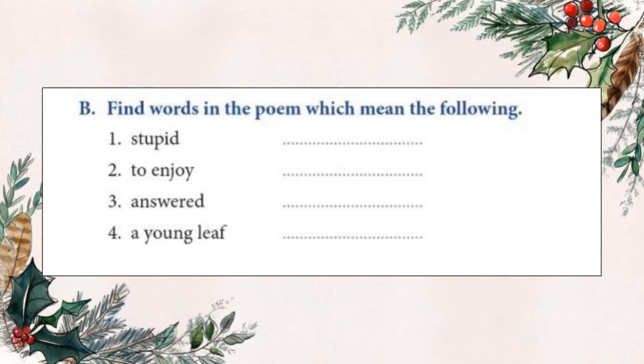Now we are going to do the second exercise, that is, find words in the poem which mean the following. Students, already we have seen the meanings of new words. Here 4 words are given. You want to find out the word in the poem which has the same meaning.